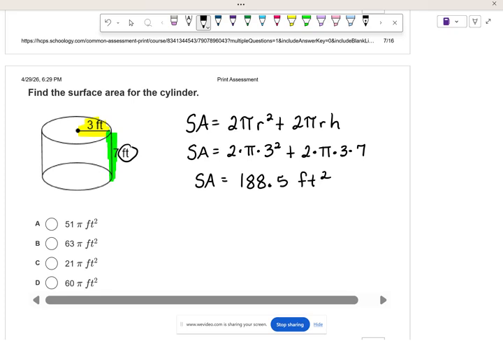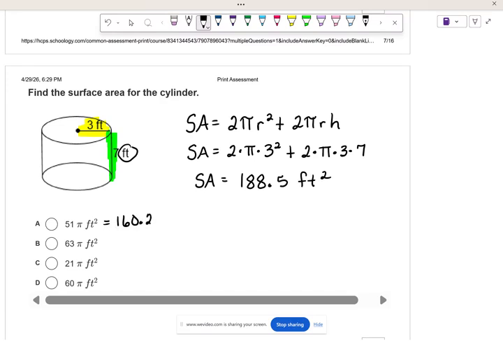Well, we don't know because they left the pi's in their answer. All we have to do is go type in Desmos 51 pi. And that would be equal to 160.2.